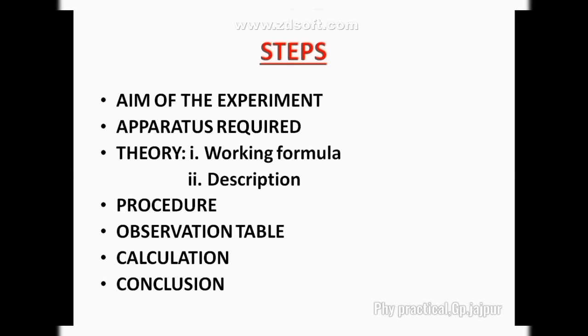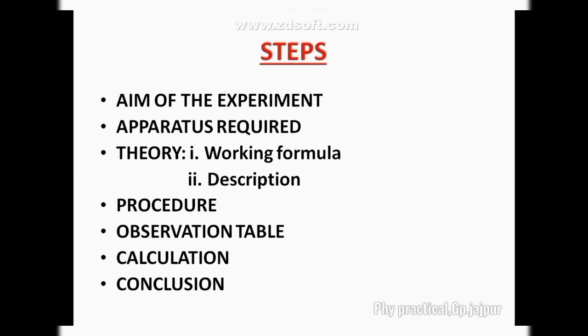Which reading you got from your observation table, put it in your working formula and get the value. Next is your conclusion part. In the conclusion part, whatever result is obtained from the above experiment should be recorded.